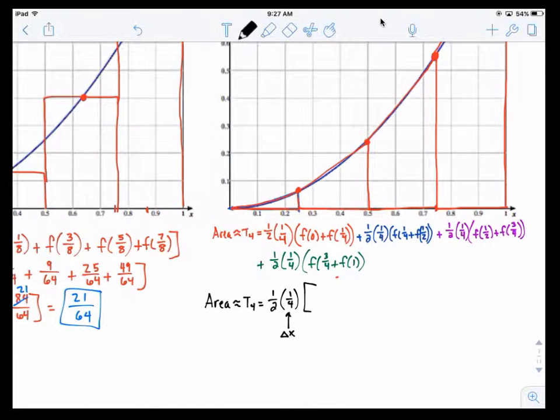So whenever you're doing the trapezoid rule and you break it up evenly, your endpoints are only going to appear once, and then everything in between appears twice. That's going to be true regardless of whatever curve we have, whatever width. Whenever you're doing the trapezoid, it's 1 times the first endpoint, 1 times the last endpoint, and then 2 times everything in between.